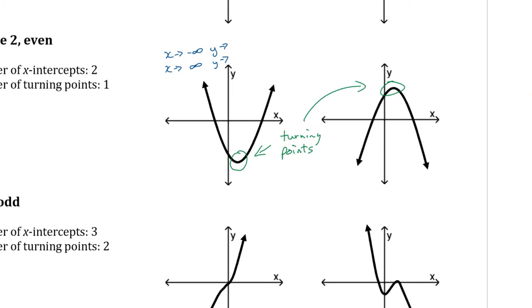So for any quadratic, any degree 2, any parabola, your end behavior will either be both pointing up, so both going to infinity, or both pointing down. It has to work out that way. So this is one of those things where we've now noticed a property of quadratics, of degree 2 polynomials. We've noticed this property that both end behaviors will either both be up or both be down.